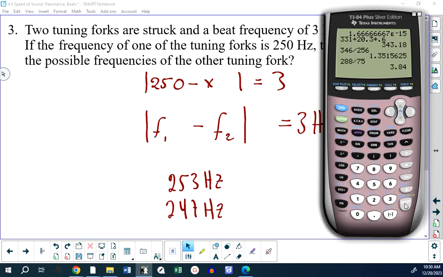But let me change it to 85 hertz. What's 256 divided by 85? The closer it is to a whole number, 3.01, very close but off a little bit.